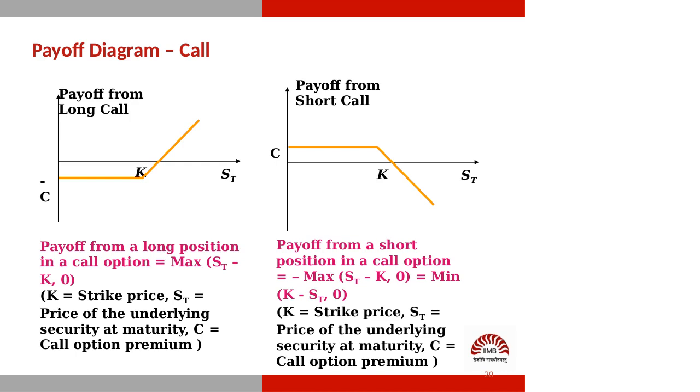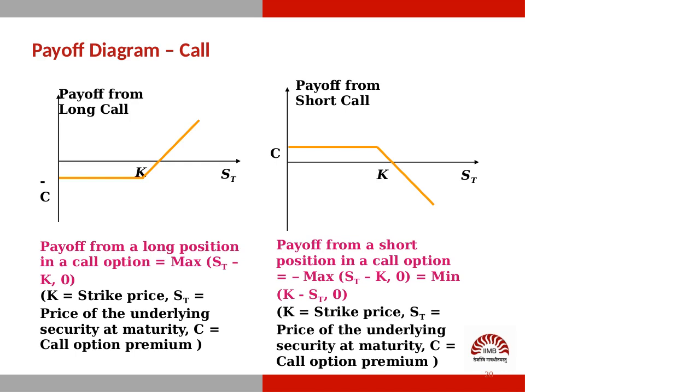Right? So obviously, in the context of the writer of the option, the maximum income is the premium. If the option is not exercised, the premium, being the sunk cost, is what is earned by the option writer. If the option is exercised, in a call option, the profit of the option holder is infinite.